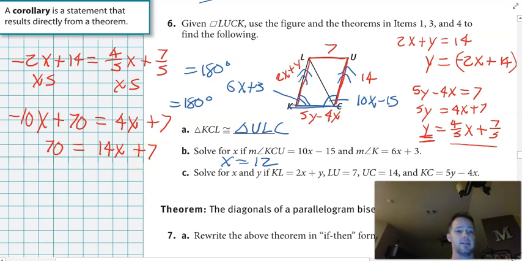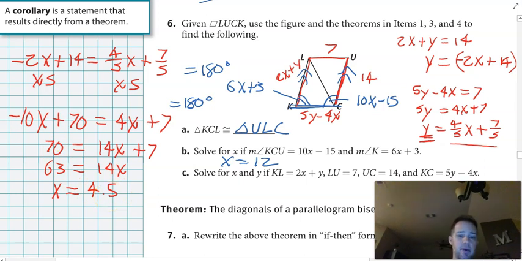And subtract 7 from both sides. And divide by 14. And what is that going to be? So that would have been 5, so 4.5. All right, so x equals 4.5.